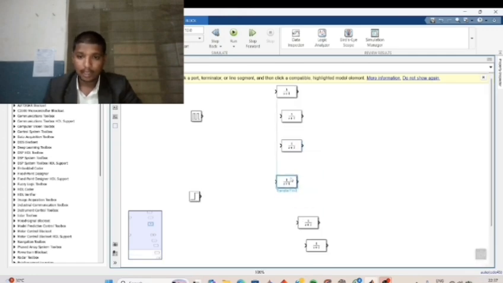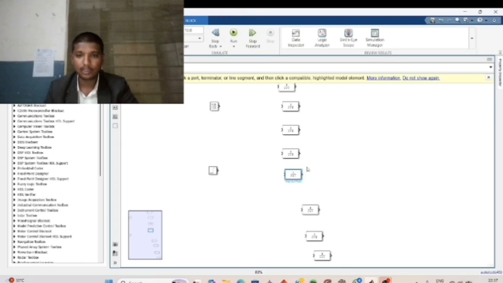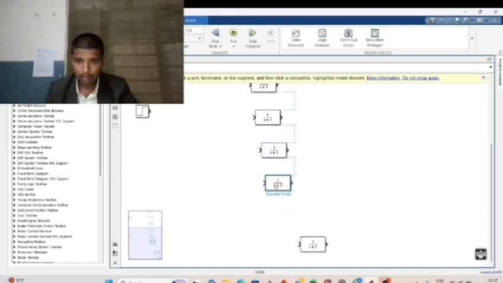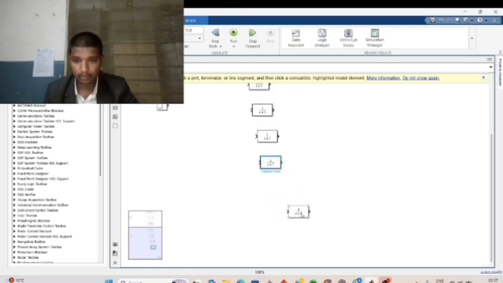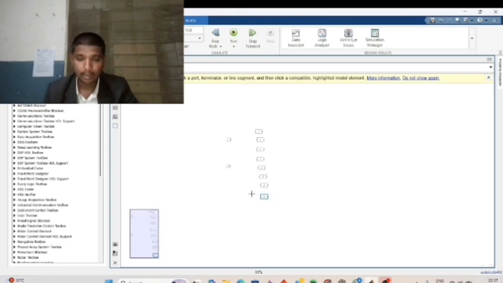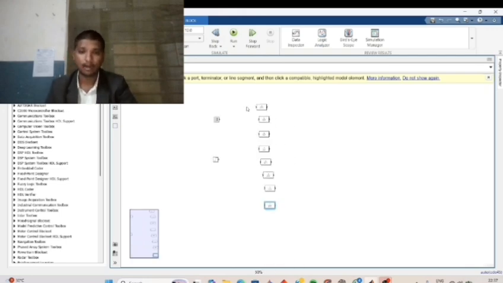So let us adjust the transfer functions. Let me tell you what a transfer function is. A transfer function is a mathematical way to represent any system.